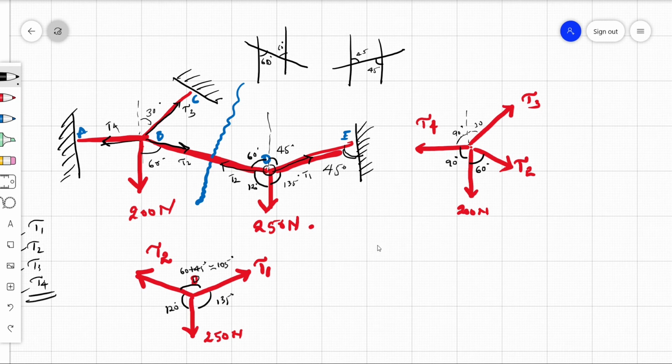And if this whole angle is 90 degrees, this will be 30, and if in this you see this as 30 degrees, this angle will be 60 degrees. So this total is 90 degrees itself.